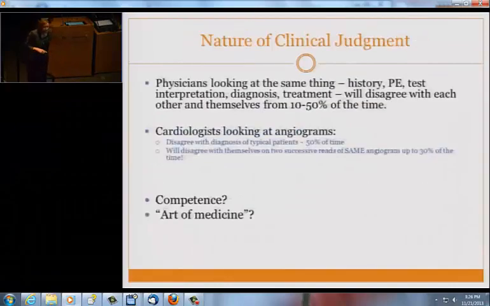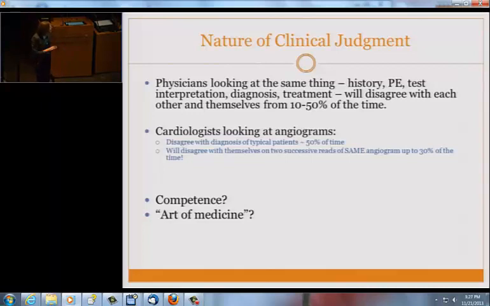The nature of clinical judgment is really interesting, and this is really hard to get at. There was a study that said that physicians looking at the same thing will disagree with each other and with themselves 10 to 50% of the time. For example, this piece looked at cardiologists looking at the same angiograms, repeated over time.